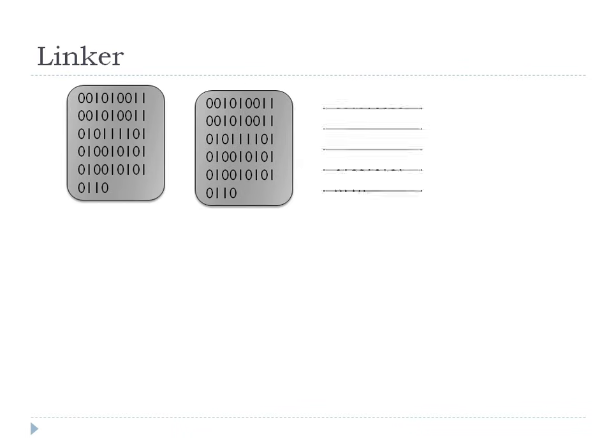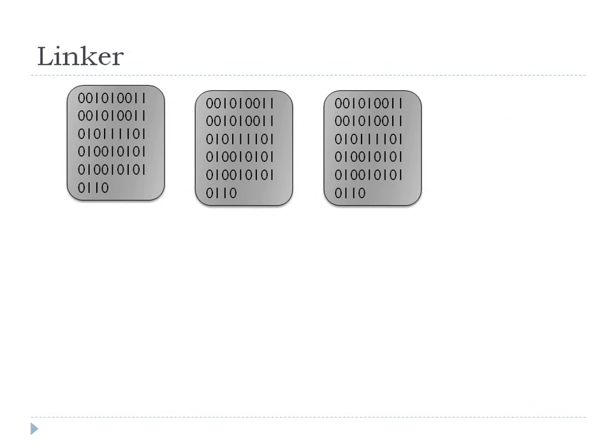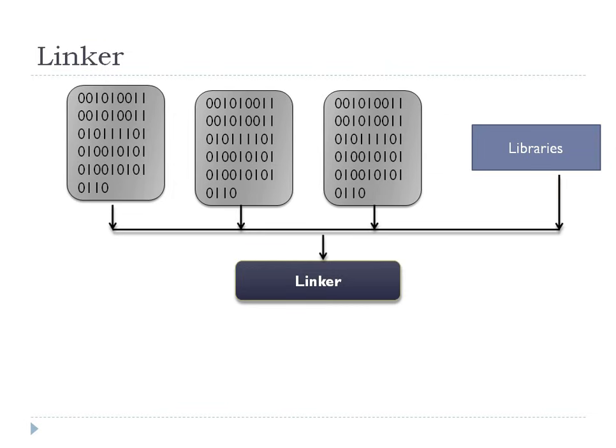Here we are taking an example, say there are multiple object codes, and these codes are using some functions from the library. So the linker will club all these files, link with the library functions, and pack everything in a single file. On the Windows platform that file is a .exe file. On Ubuntu this file is generated with the name a.out.